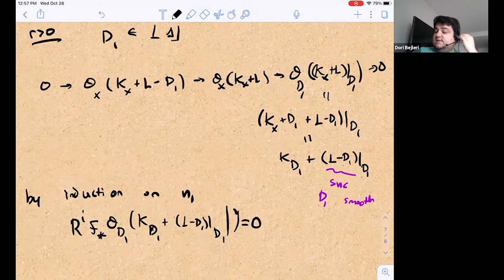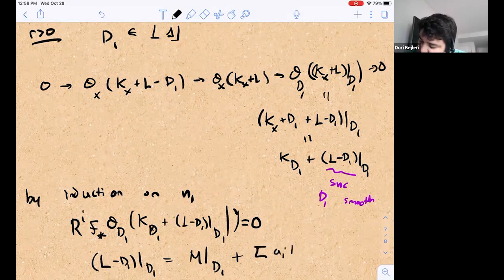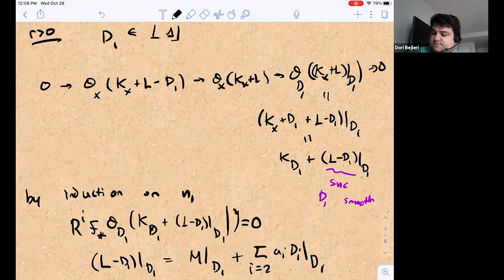So note here, I'm using the assumption that M, yeah, I guess I should have written this out too. So L minus D_1 restricted to D_1 is equal to M restricted to D_1 plus the sum of a_i D_i from i equals 2 to R restricted to D_1. Or maybe not R, because R was our index just for coefficient 1.